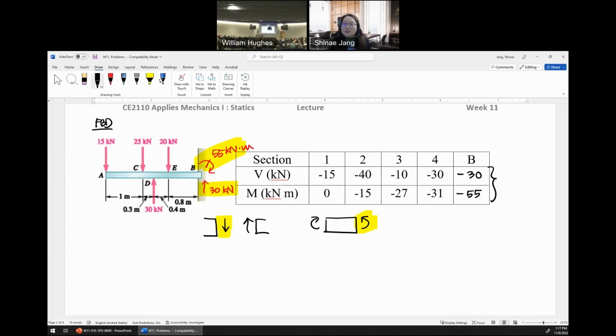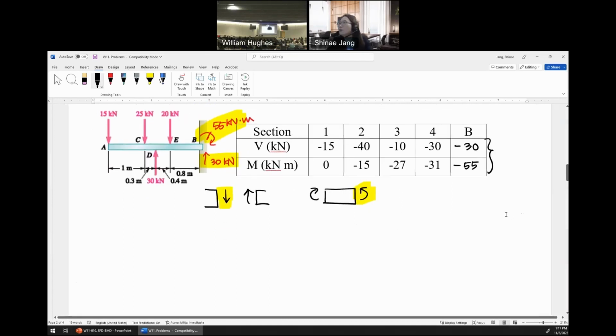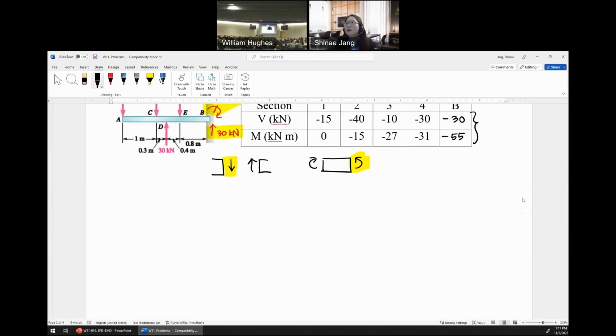So we should find these numbers, shear force and bending moment, based on the sign convention, and then move on to the shear force and bending moment diagram. So here, a baseline line, shear force V, right? And then this is A, C, D, E, and B, right? Right after A, minus 15.